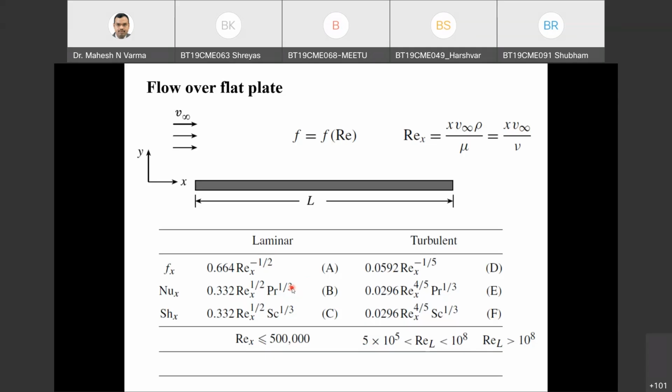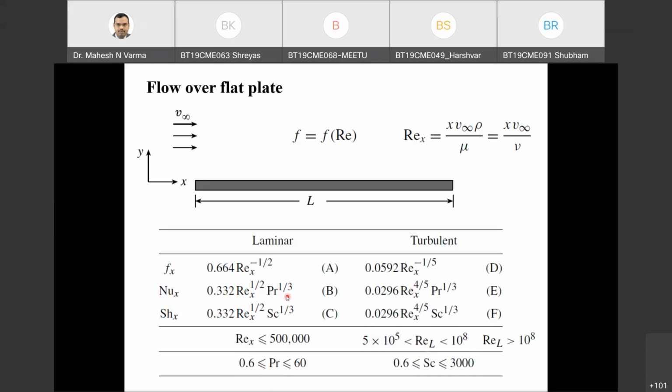So yes, all the limitations of the Chilton-Colburn analogy will apply here, because I am using the Chilton-Colburn analogy. All the limitations along with this basic limitation: Prandtl number between 0.6 to 60 and Schmidt number between 0.6 to 3000, along with other geometric limitations of the Chilton-Colburn analogy, also apply here.